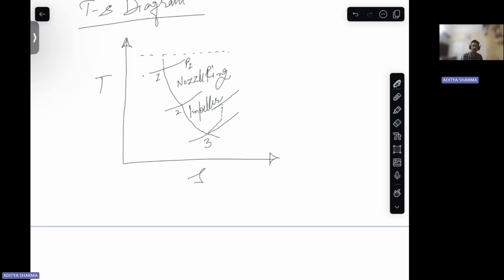We had an impeller in our centrifugal compressors also, right? Then this is your diffuser, 3 to 4. This is 4 basically, and this is P3.